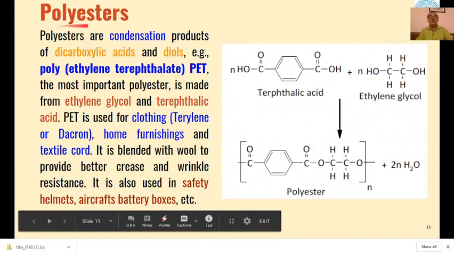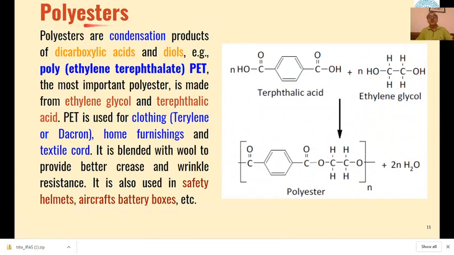The next category of commercially important polymers is polyesters. And we know all our synthetic fiber from which our clothing is made, this is mostly made of polyesters. These are formed by condensation polymerization, and normally polyesters are formed from the condensation of dicarboxylic acids with diols.